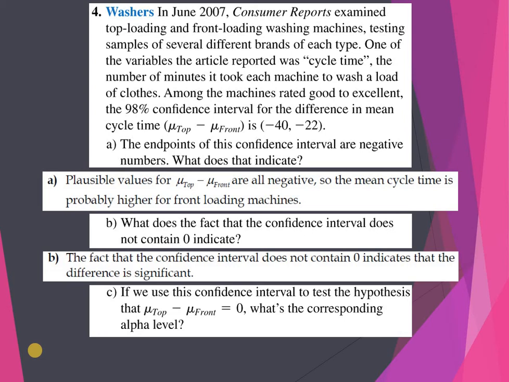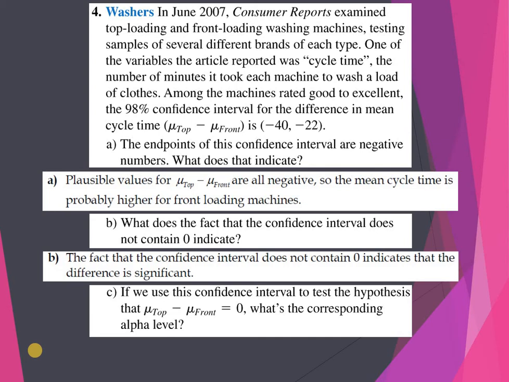If you're saying does not equal to, that's one or two-sided? Two-sided. So if you're saying not equal to, it's two-sided, and not equal to would have an alpha of what? 0.02. We clearly see there's a difference.